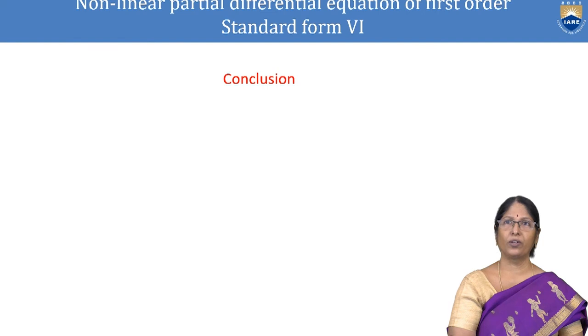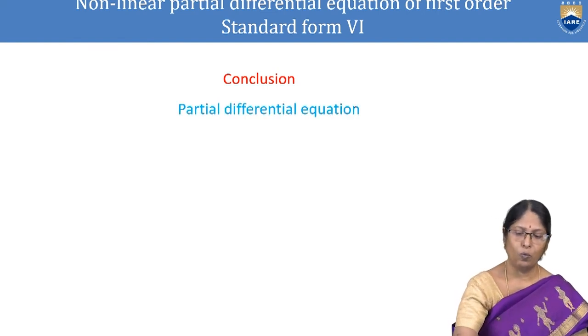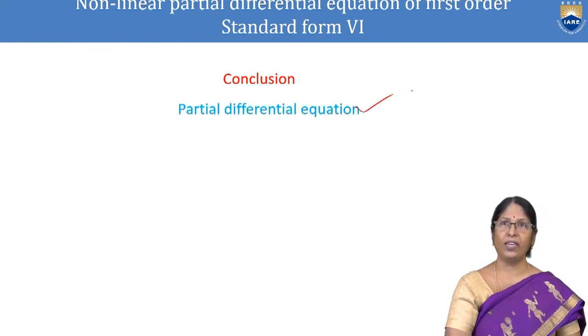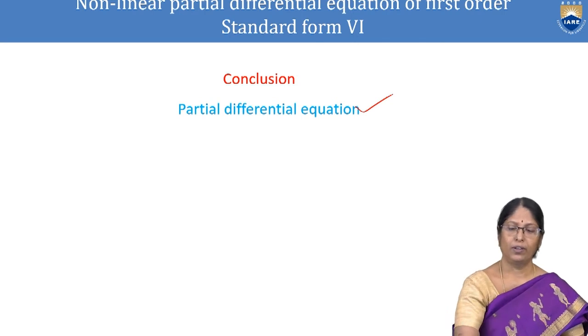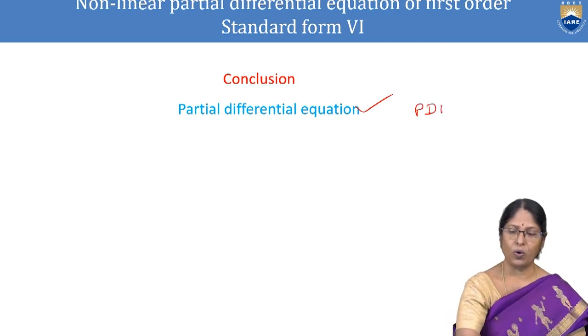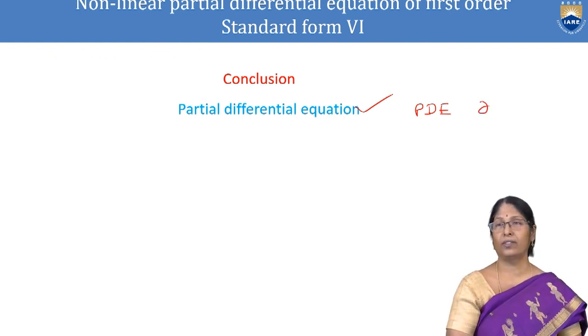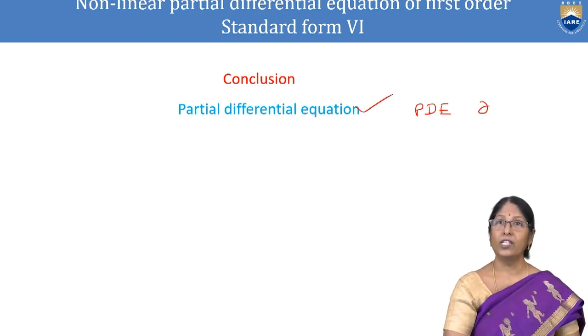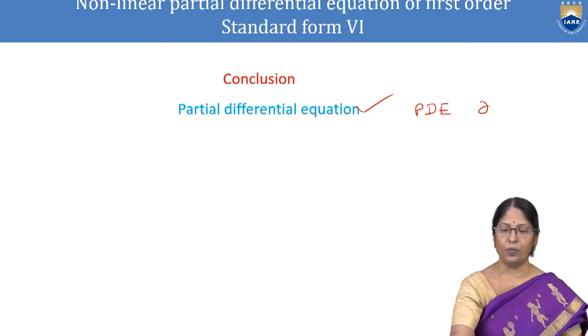We will come to one conclusion. What is a partial differential equation? PDE we will call it in short form. The symbol is dou. Compulsorily, the equation which has partial derivatives of at least one dependent variable and at least 2 independent variables is a partial differential equation.